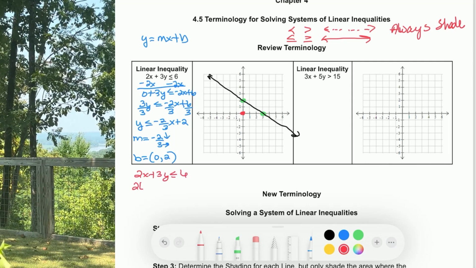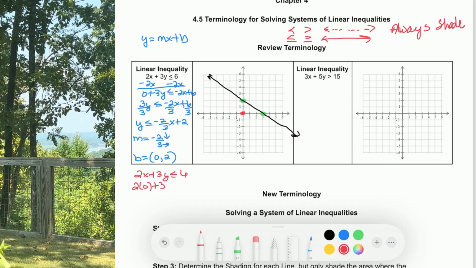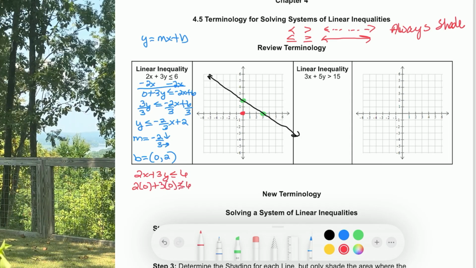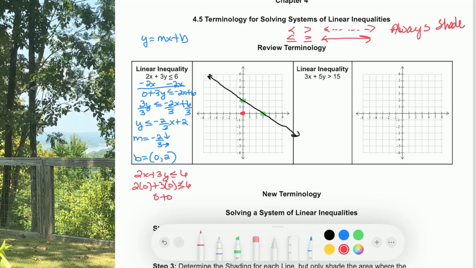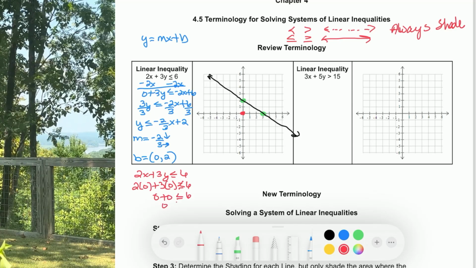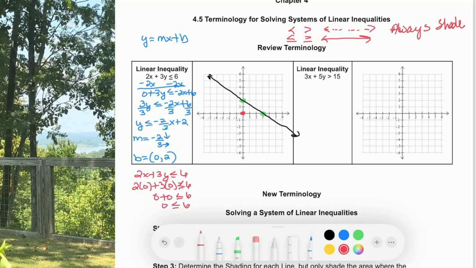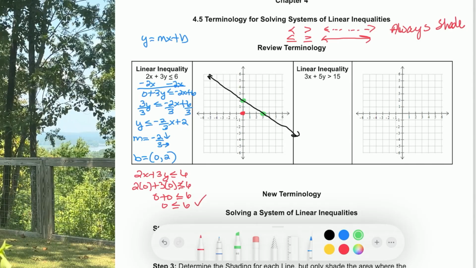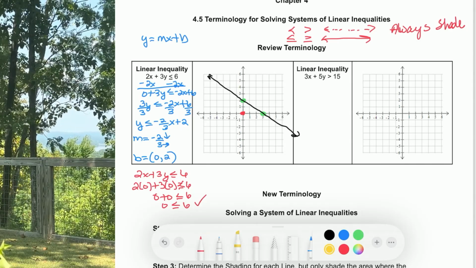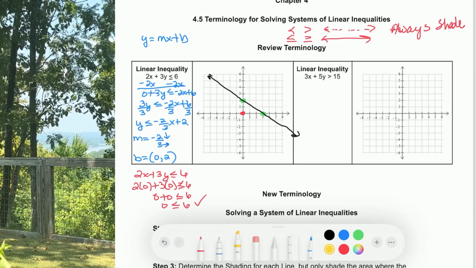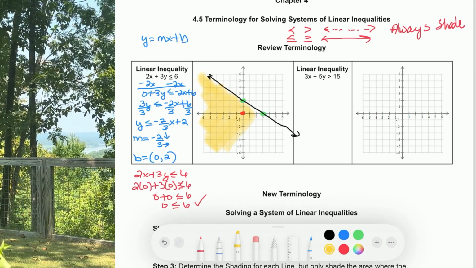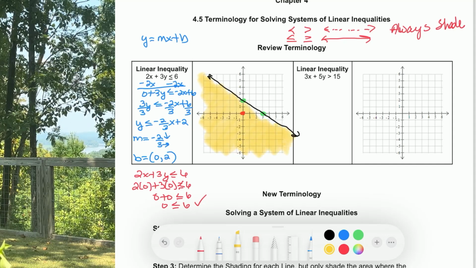Plug in those zeros for my variables and see if we end up with a true statement. So I have 0 plus 0, and 0 is less than or equal to 6. That is true. That tells me my shading is going to be on the side with the coordinate that we used. So we're going to shade over here. Hopefully this is coming back to you as we're going through this.